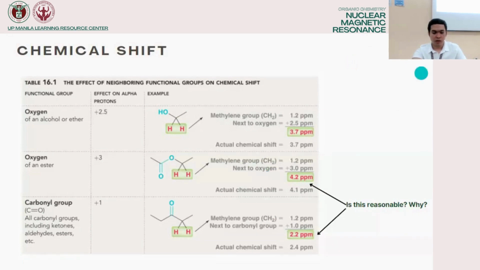Correct, B for kanina answer. This is reasonable kasi, tingnan niyo, dalawang oxygen to, compared dito, isa lang, carbonyl lang. Dito, ester, you have two oxygens that can pull the electrons from your hydrogens. Hence, mas mataas.